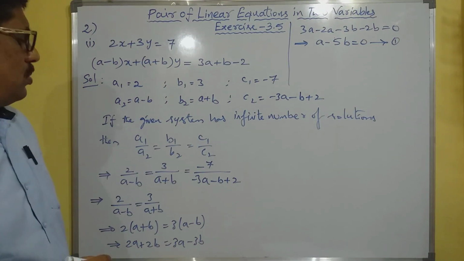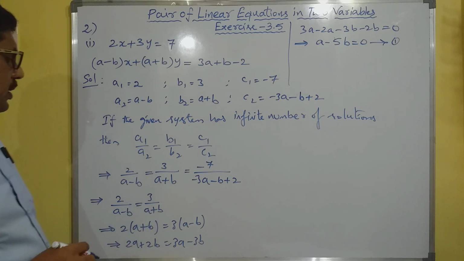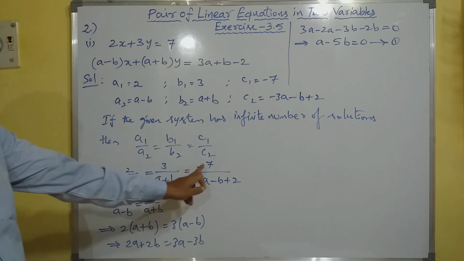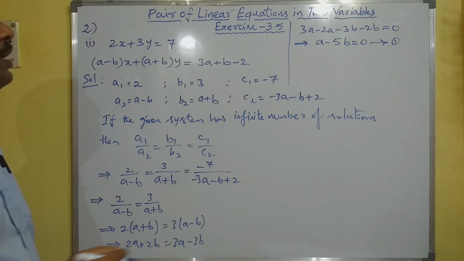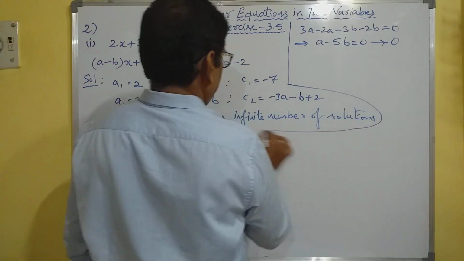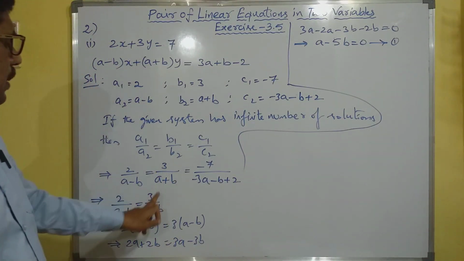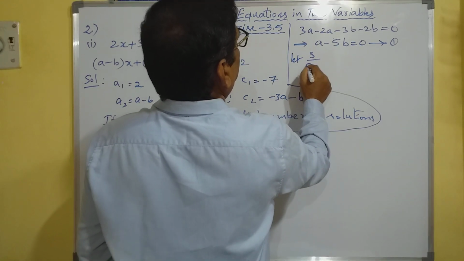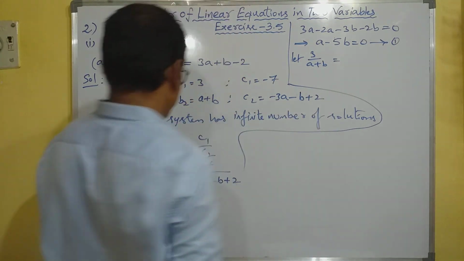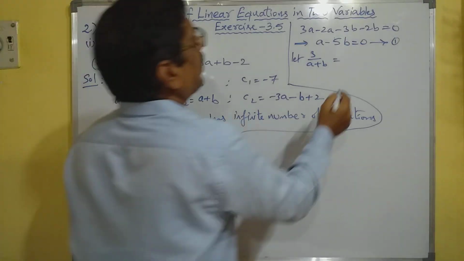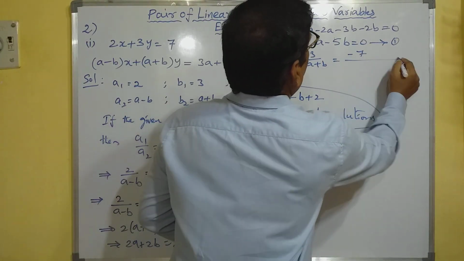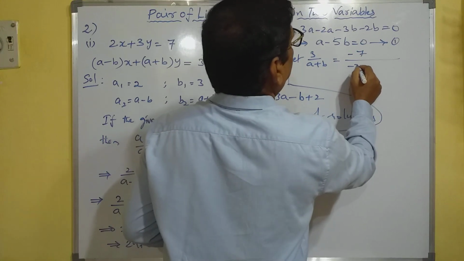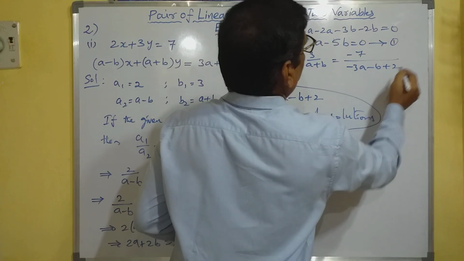Now let us take the first and third, otherwise second and third you can also take. Now I'll take it like this: 3 by A plus B is equal to minus 7 by minus 3A minus B plus 2.